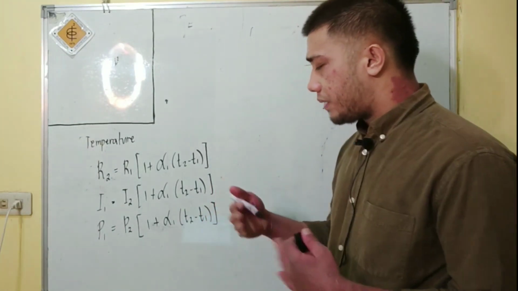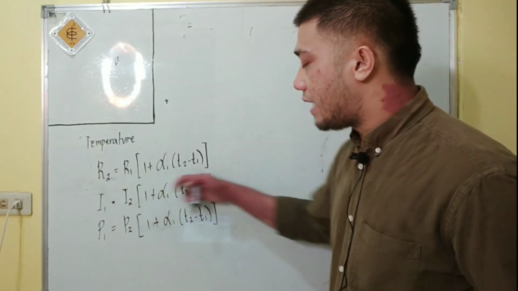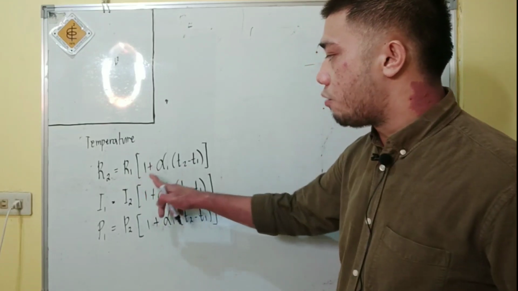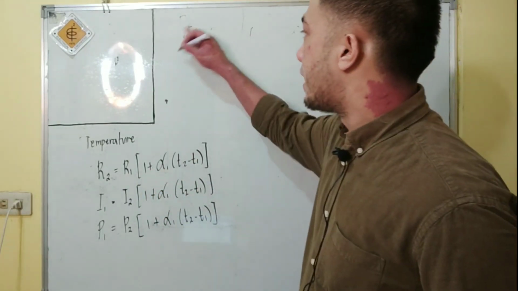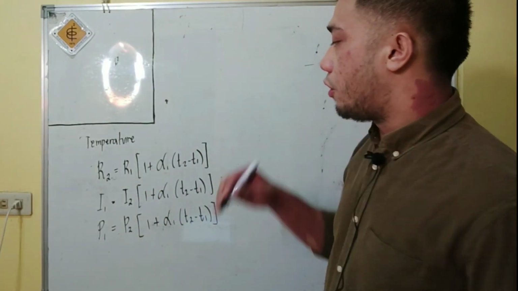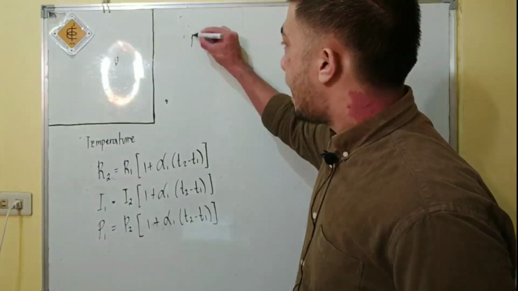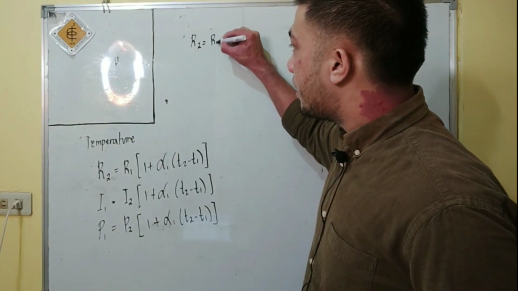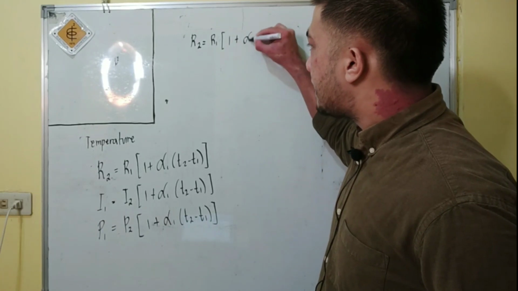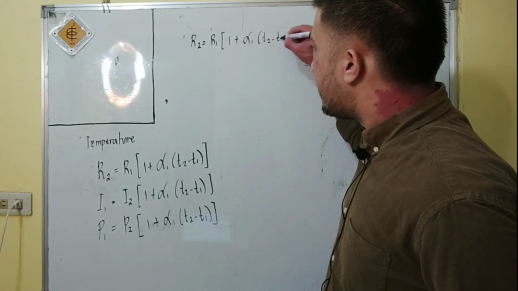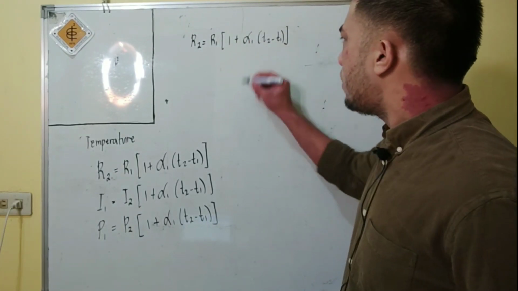I'm going to reiterate the formula: R2 is equal to R1 times 1 plus alpha 1, T2 minus T1. I'm going to talk about the alpha or the temperature coefficient. Again, I'm going to write the formula. That's R2 is equal to R1 times 1 plus alpha 1, T2 minus T1. Again, what is this?